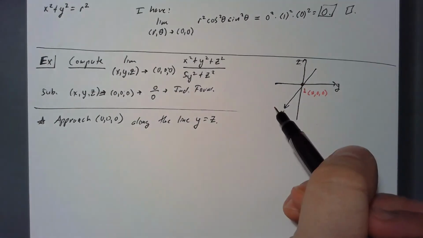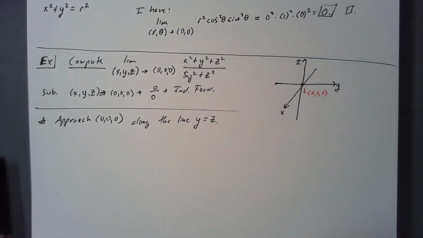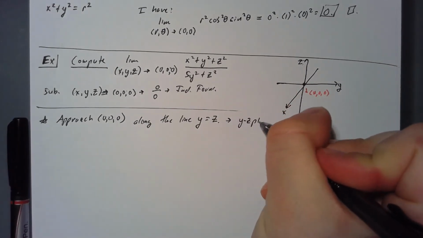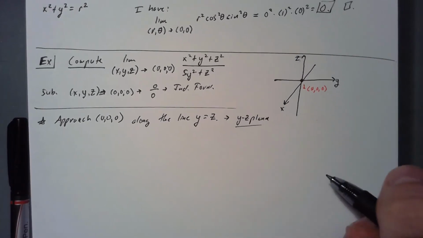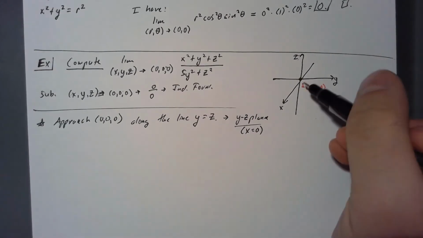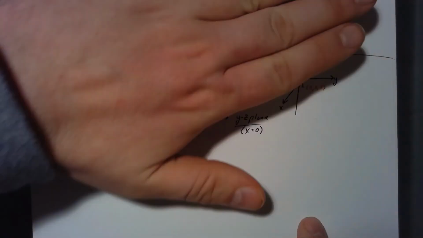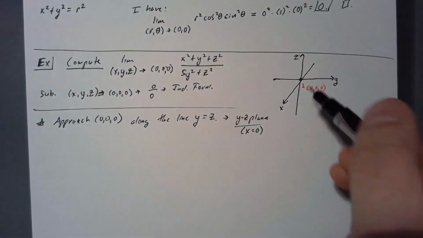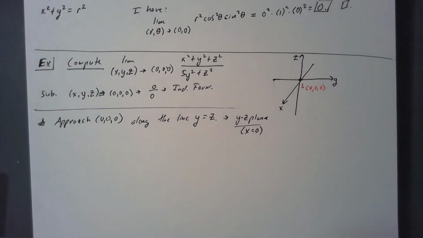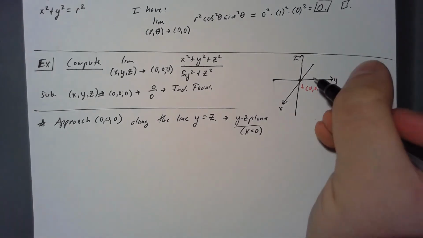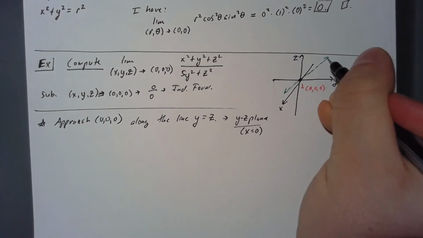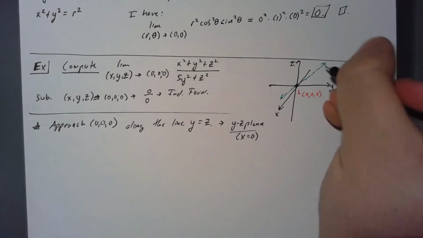So that means x is going to be equal to 0. That's just the yz plane, and in the yz plane, x is equal to 0. So basically I'm in the plane of the sheet of paper. This is 0, so I'm approaching this line right here. That's the line y equals z.